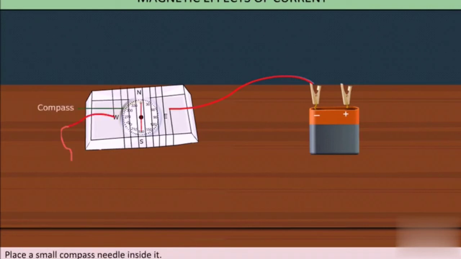Place a small compass needle inside it. Now connect one free end of the wire to the terminal of a battery. Leave the other end free.